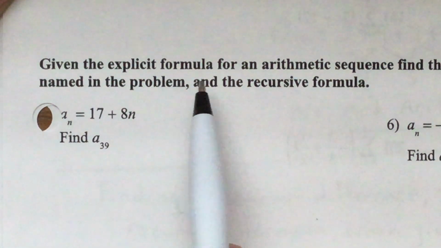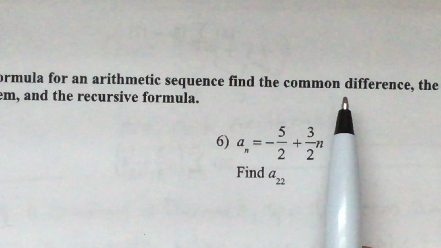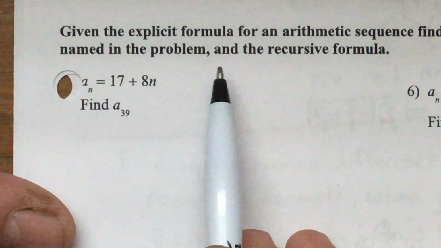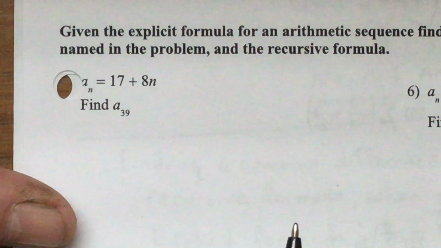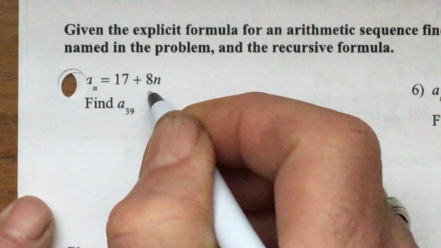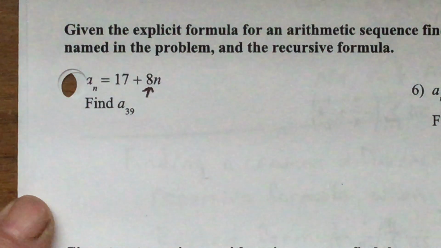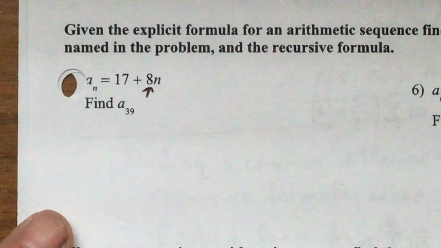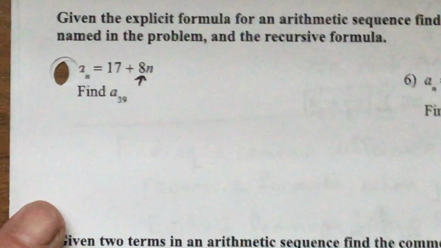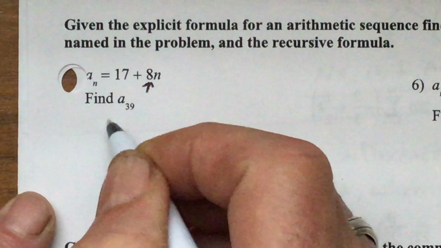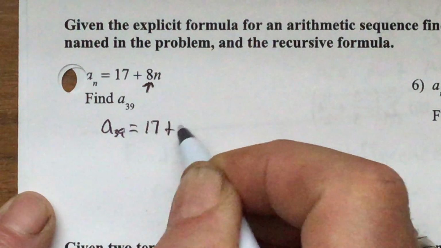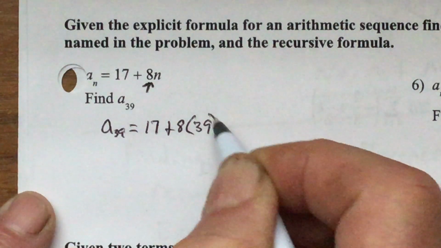All right, given the explicit formula for an arithmetic sequence, find the common difference, the term named in the problem, and the recursive formula. The common difference is always going to be right here. So a sub 39 equals 17 plus 8 times 39.